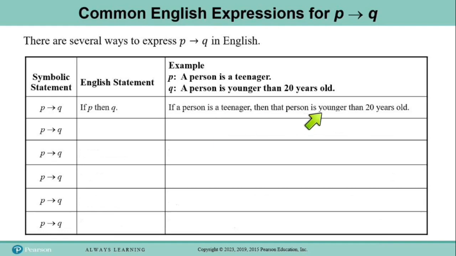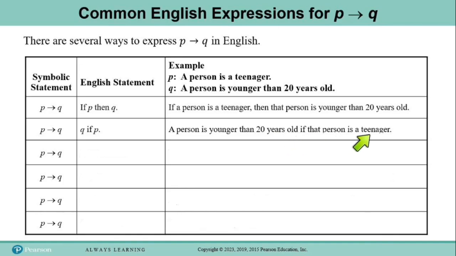If P, then Q. All right, the next one says Q if P. Now notice that in this case, the Q statement comes first in the English sentence, but it's still represented by if P then Q. So in this case, Q if P. So our example would say a person is younger than 20 years old if that person is a teenager.